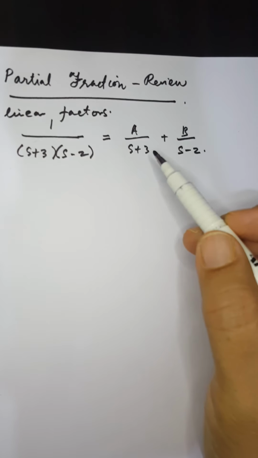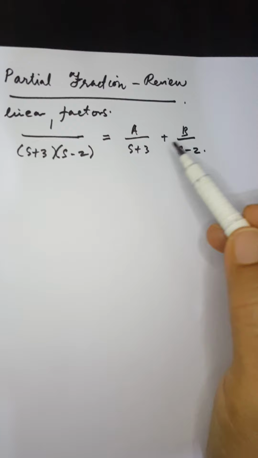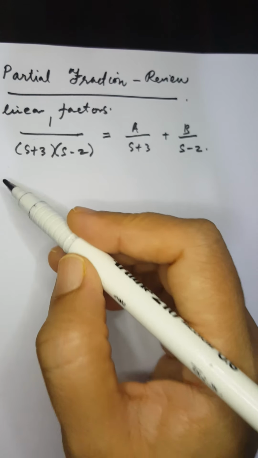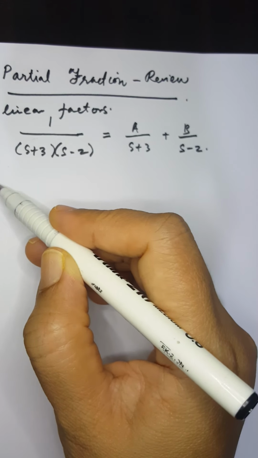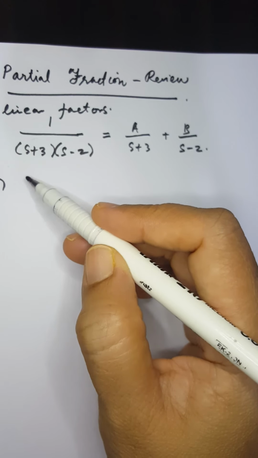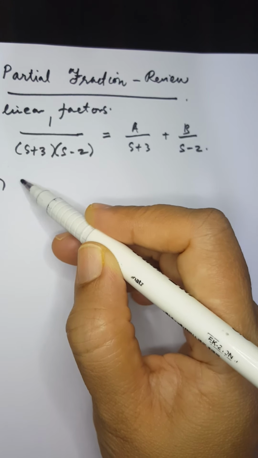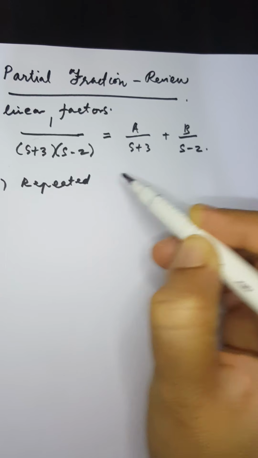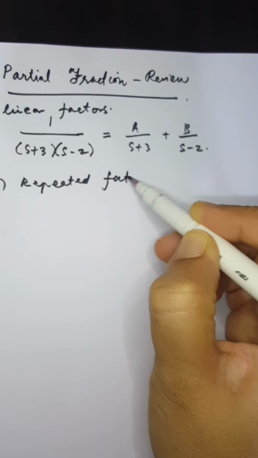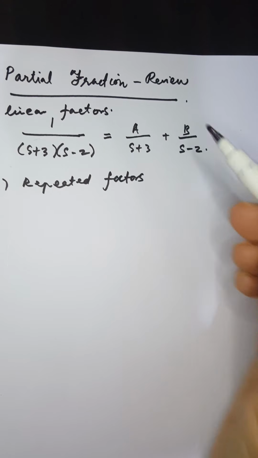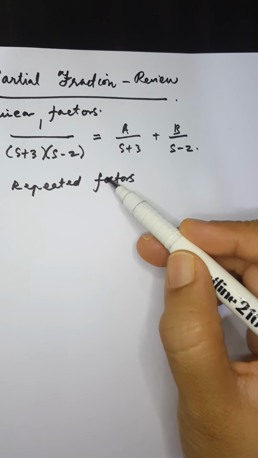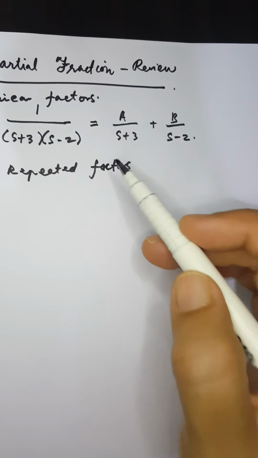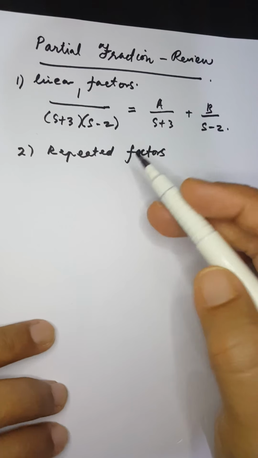Then we have the second type, repeated factors. This is review, students, so you should know this by now. I hope you can recall.